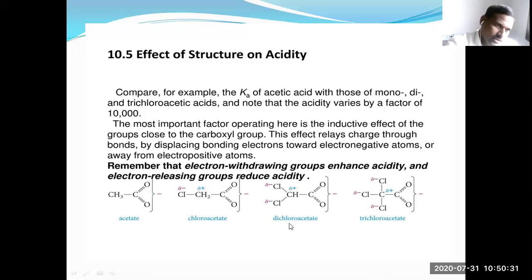So electron withdrawing groups increase the acidity of carboxylic acids. Electron releasing groups reduce the acidity of carboxylic acids. That means plus I groups decrease the acidity of carboxylic acids. Minus I groups increase the acidity of carboxylic acids.